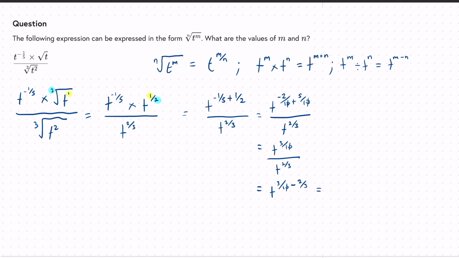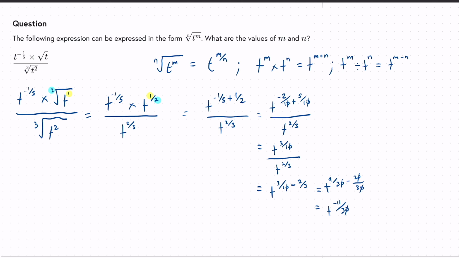All right, we're just going to do it in a little bracket over here. Common denominator is going to be 30. So 10 times 3 is 30, so that's t to the 9 over 30, take away, well, that becomes 20 over 30. 9 take away 20 is negative 11. Don't forget the base. Negative 11 over 30.